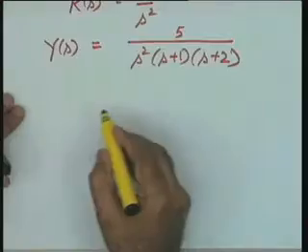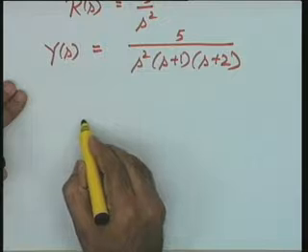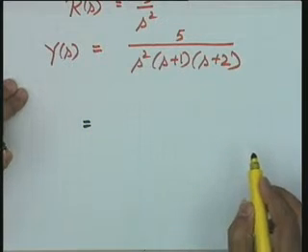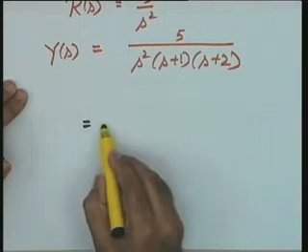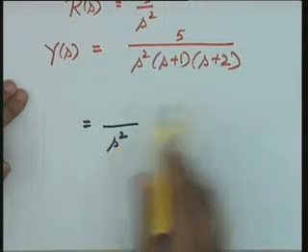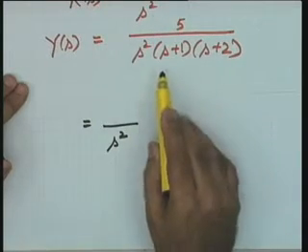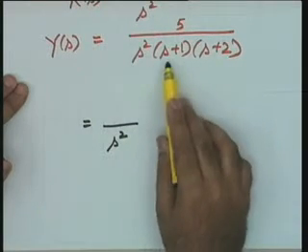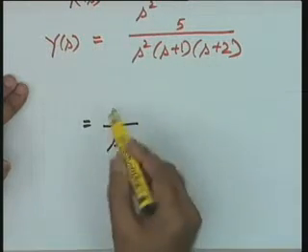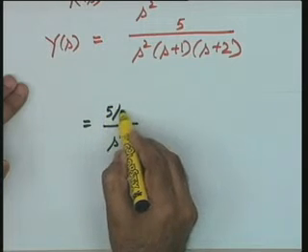Now, I want to invert this, the same procedure. Let me retain this here, and I want to get the partial fraction expansion for this. This Y(s) is equal to, I need your help please, what is the term corresponding to s square, what is the residue? As you know, in this particular case the residue will be, substitute s is equal to 0, it is going to be 5 by 2.